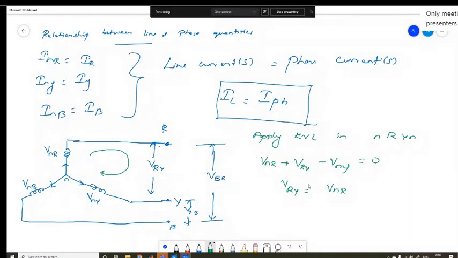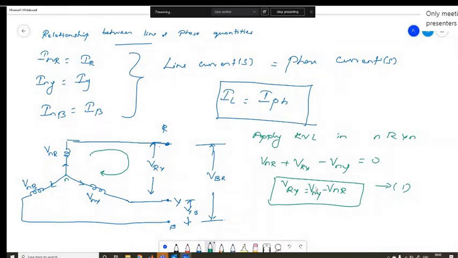So ultimately it will be VRY equals VNY minus VNR. Let us note this. This will be required for constructing the phasor diagram. I will be deriving 3 relations by applying KVL in all the 3 loops, and using these relations we will obtain the phasor diagram.